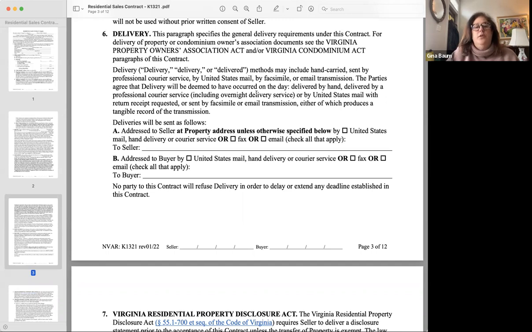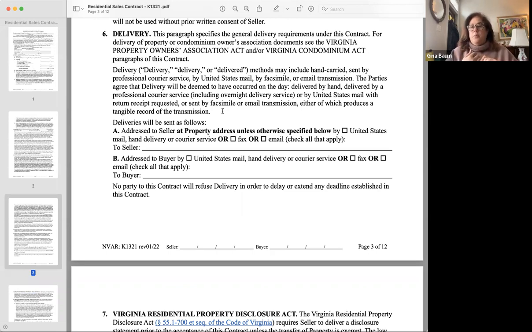Okay, it's very important. Delivered by hand, delivered by a professional courier service, including overnight delivery service, or by United States mail with return receipt requested, or sent by facsimile or email transmission, either of which produces a tangible record of transmission.